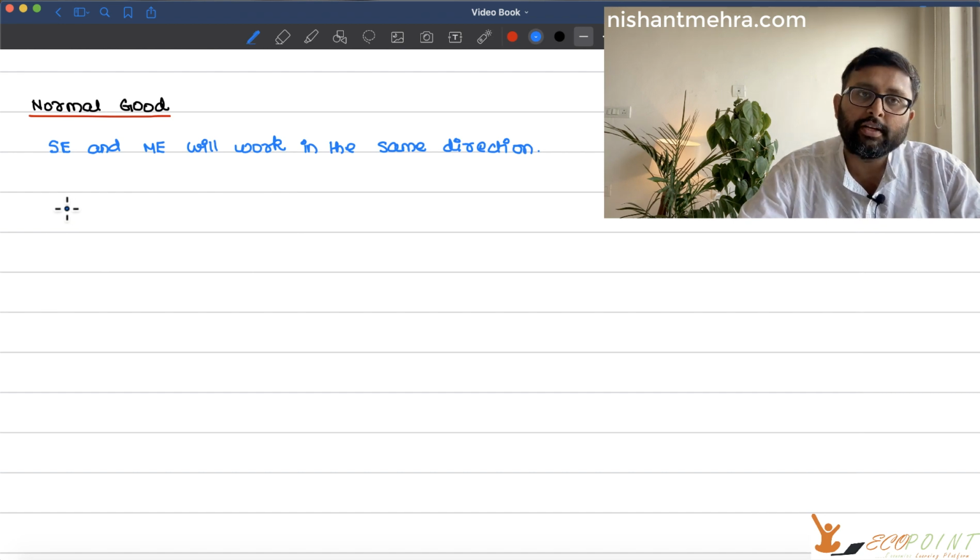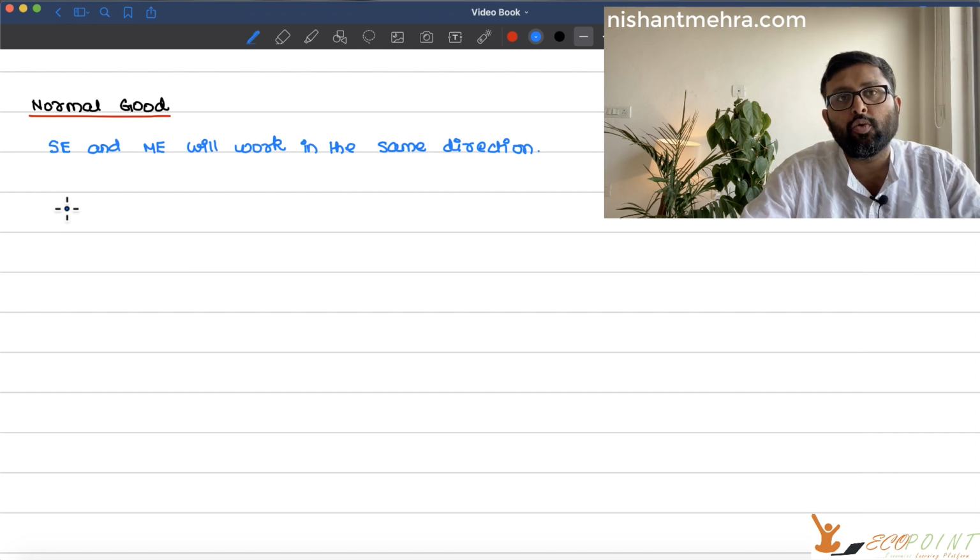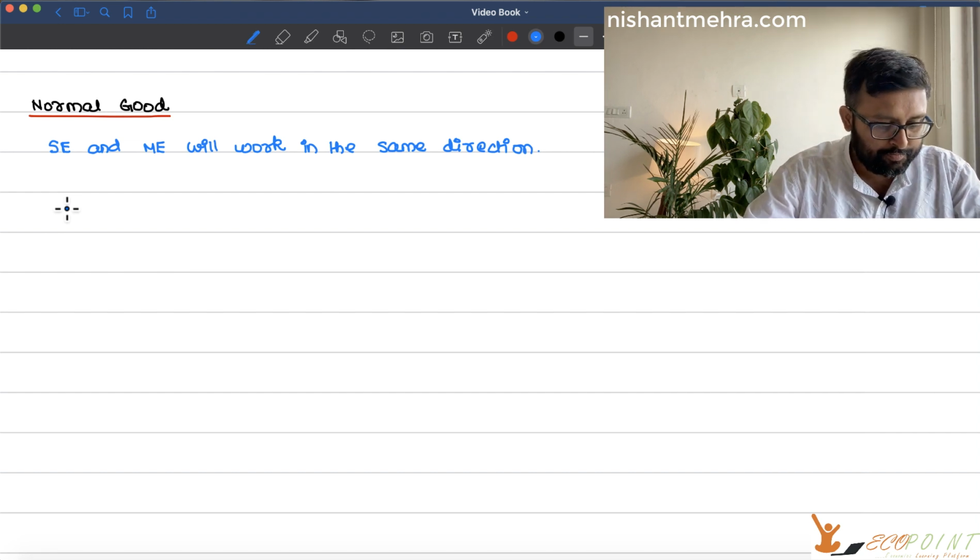So the substitution effect is negative. It means that if the price of the good is going to increase, the demand for that good is going to fall. The substitution effect is negative. There is no ambiguity about that.